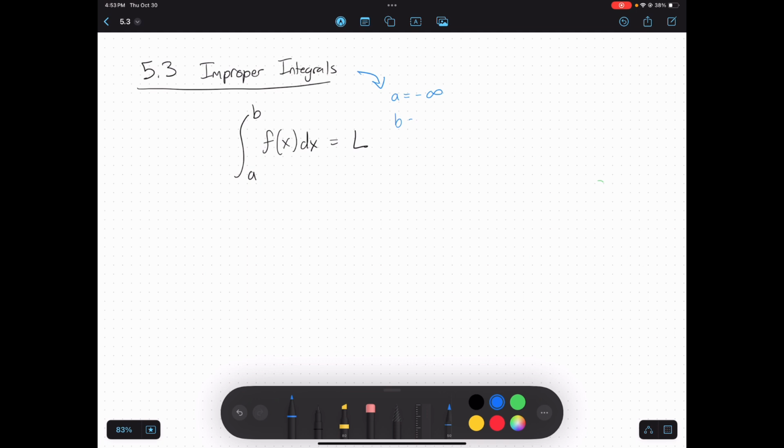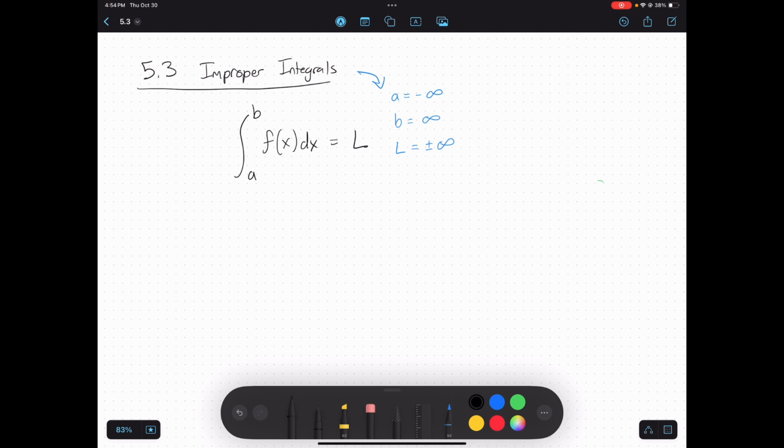Or we could do the opposite: let our upper bound be an infinitely positive number. If either or both of those are happening, we have an improper integral. We could also have the case where the value of the integral ends up being infinite. If any of these cases are true, we're working with an improper integral.